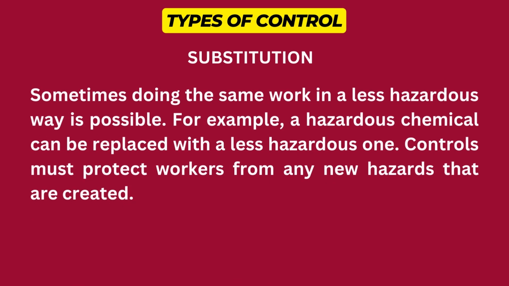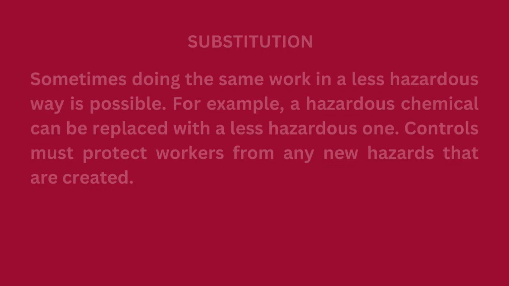Then next is substitution. Sometimes doing the same work in a less hazardous way is possible. For example, a hazardous chemical can be replaced with a less hazardous one. Controls must protect workers from any new hazards that are created.